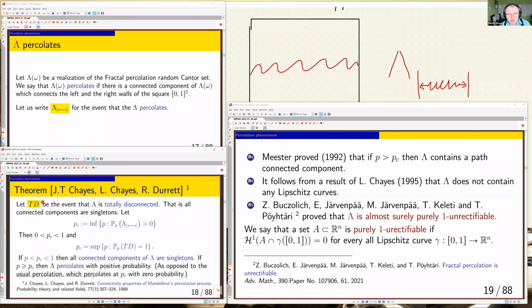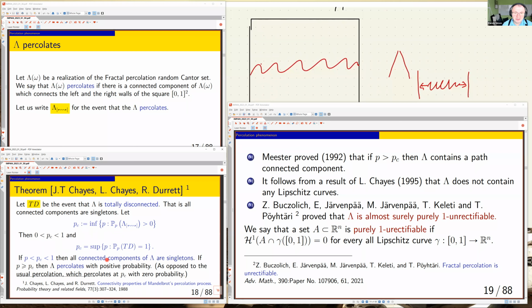The event is denoted by TD, totally disconnected. It means that all connected components are singletons. At the critical probability, it percolates, interestingly. So this was an interesting theorem.